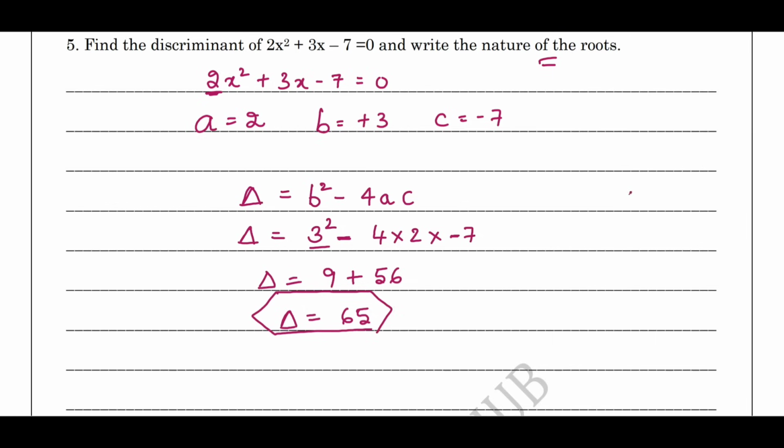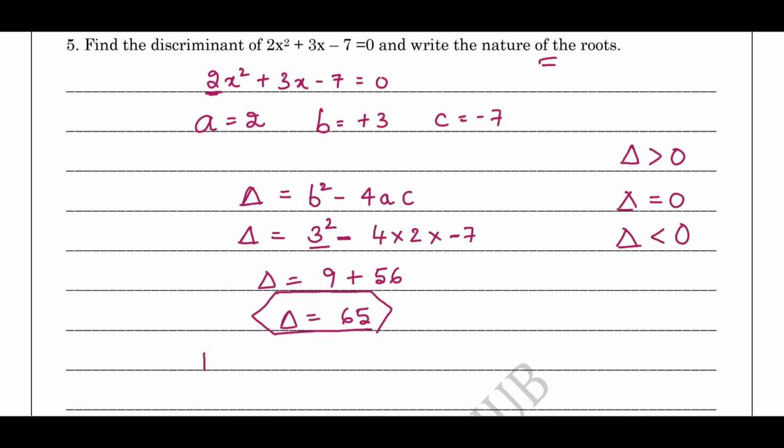But based on this discriminant, you should write down the nature of the roots. If delta is equal to 0, that means the roots are equal. If delta is less than 0, the roots are imaginary. If delta is greater than 0, the roots are real and distinct. Here, see, the delta value 65 is greater than 0.